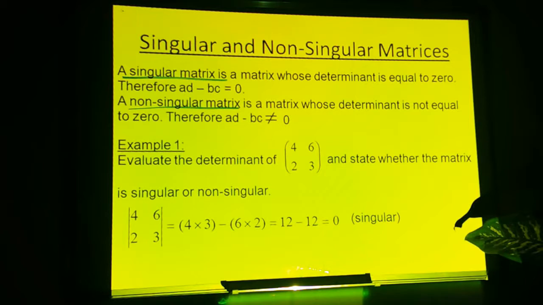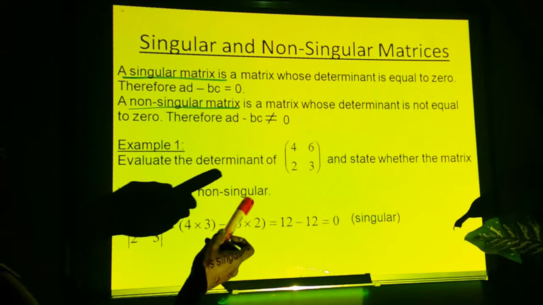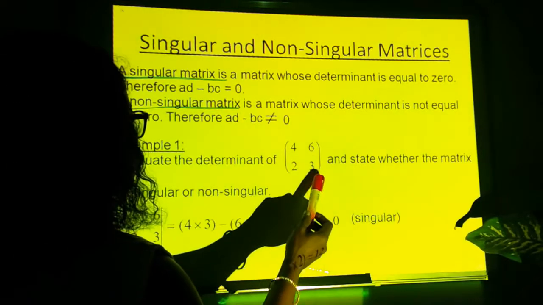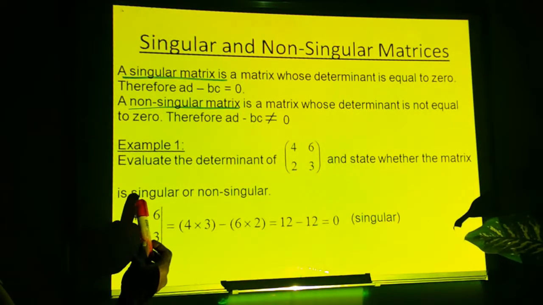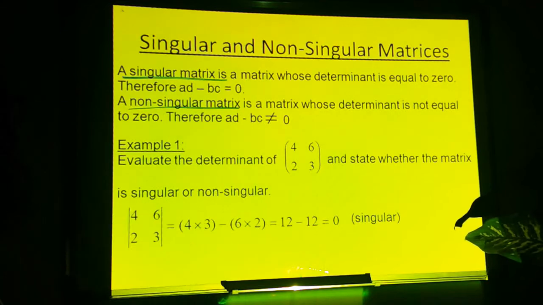In our Take 5 series, we will work more challenging questions, but I want you to get the main concepts today. We're taking it one step at a time, okay? So example 1, evaluate the determinant of 4 2 6 3 and state whether the matrix is singular or non-singular.